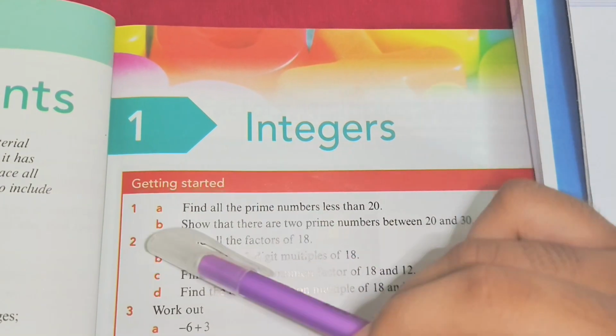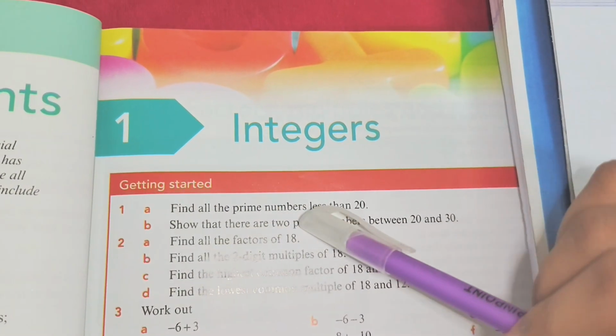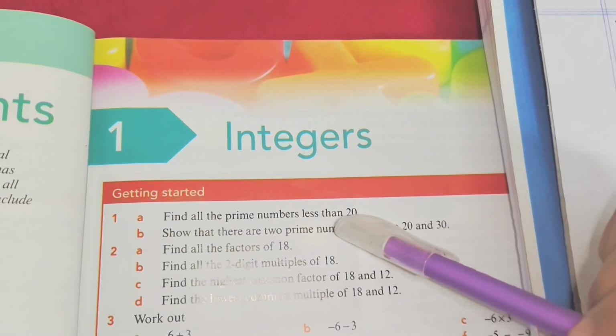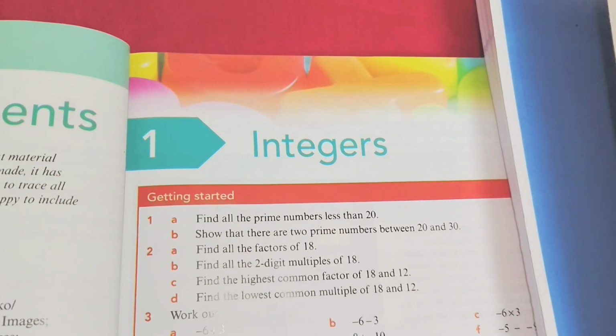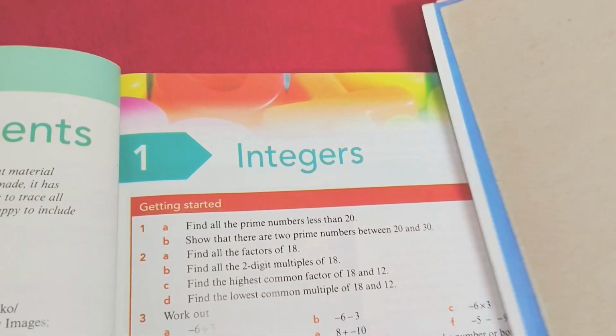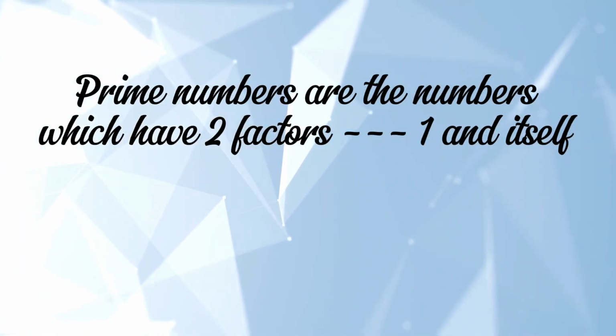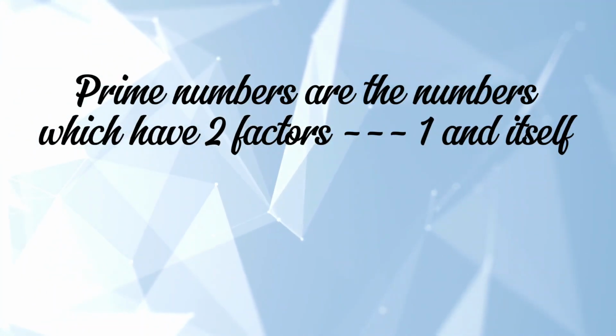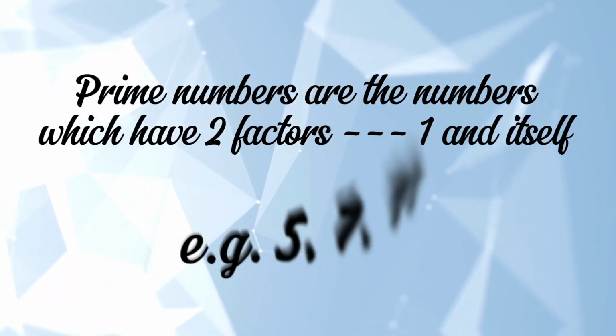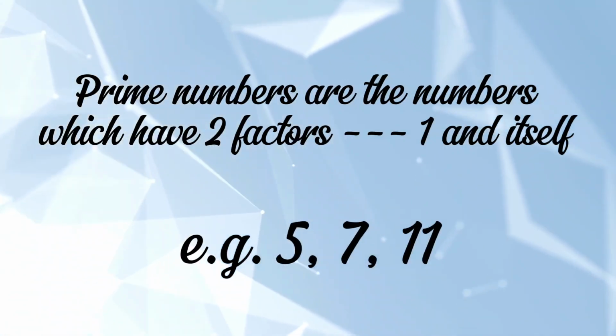In getting started, we have 1a: find all the prime numbers less than 20. We all know what prime numbers are. Prime numbers are the numbers which have two factors, 1 and itself, for example 5, 7, 11.